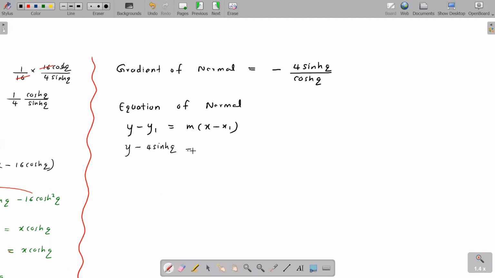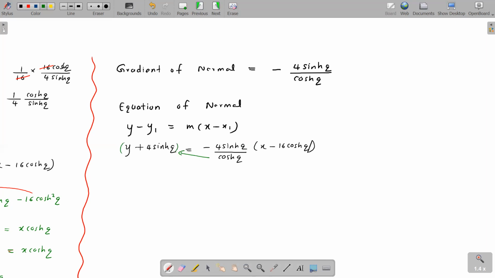The gradient is minus 4 sine q over cos q, into x minus x1, which is, sorry, 16 cos q. Then we'll take the cos q to the other side.